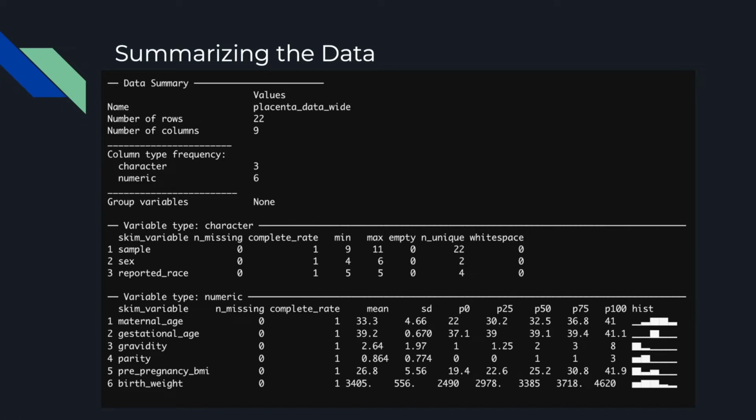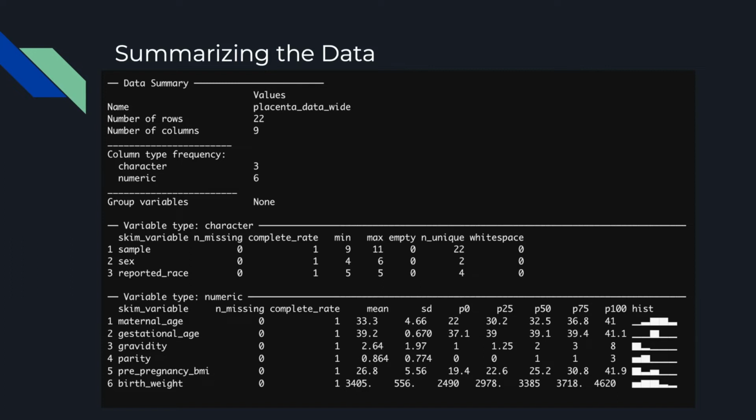And then there are the numeric variables. We have the maternal age, with an average of 33.3. Gestational age, that's how many weeks. You have gravidity and parity. Pre-pregnancy BMI, that's the one we're concerned with.